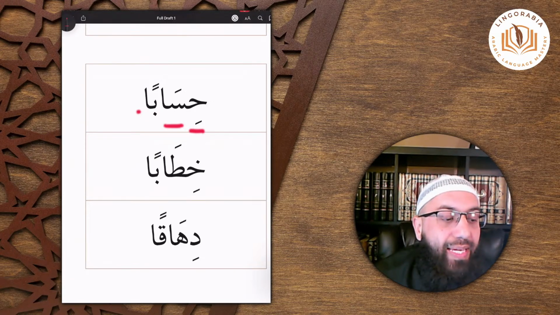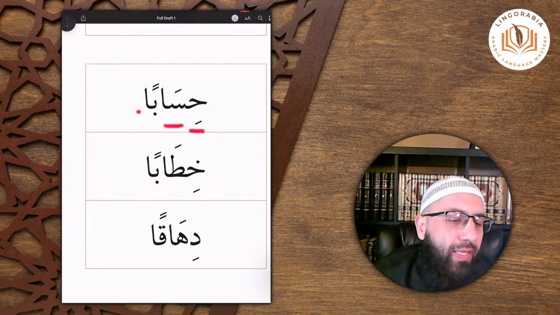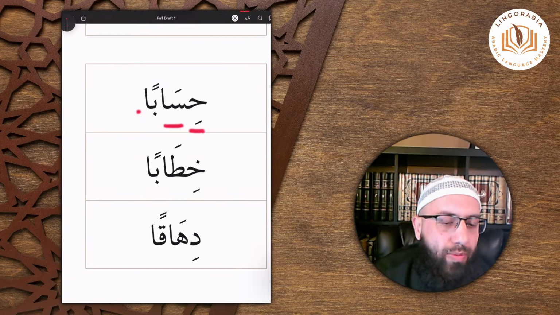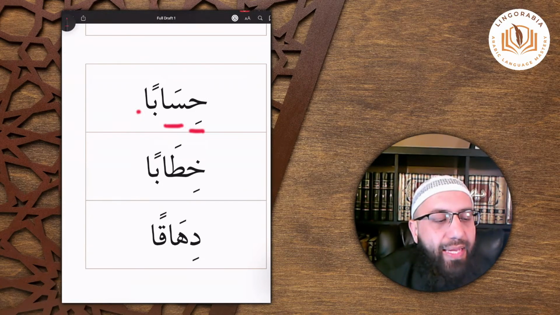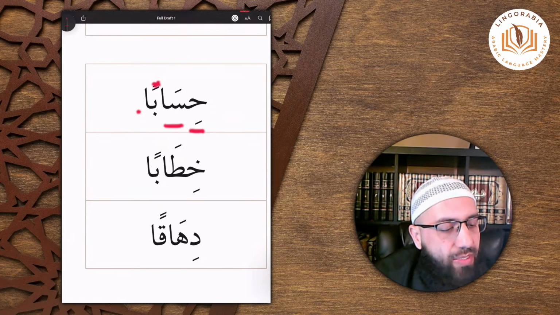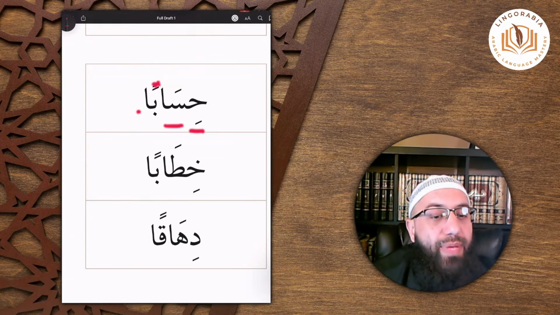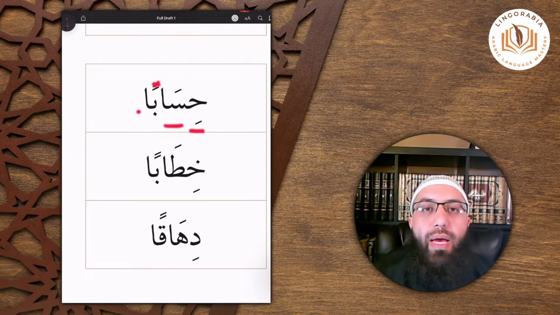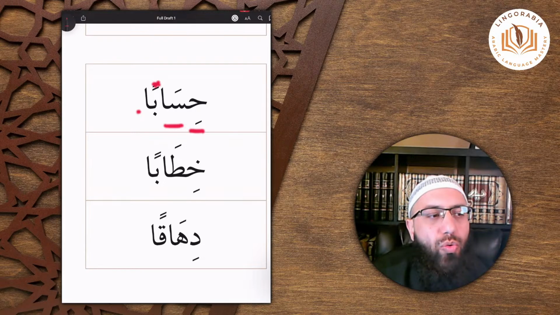Normally you would say hisaban, but now we act like this is the last word of the ayah, so we stop here. We say hisa, we drop the tanween and we say hisaba. Why do we do this? Because this is the last word pronounced. This is the rule, guys.